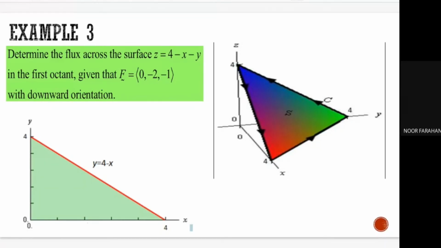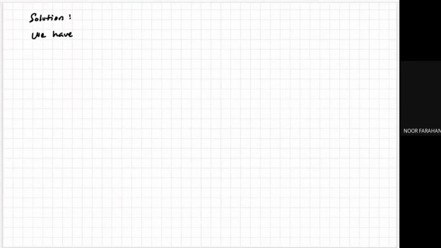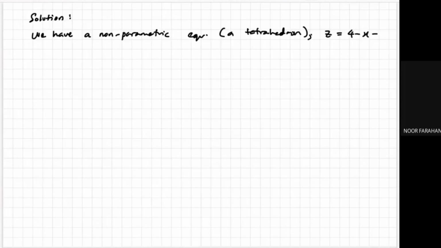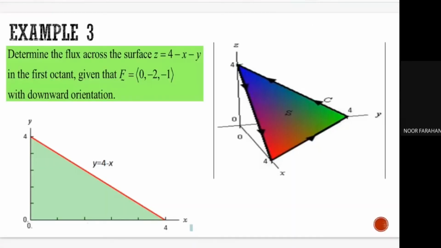We have a tetrahedron here. So we have a non-parametric equation, tetrahedron, z equal to 4 minus x minus y. When we have z equal to 4 minus x minus y, for this value, you just substitute x equal to 0, y equal to 0, then you get z is equal to 4.